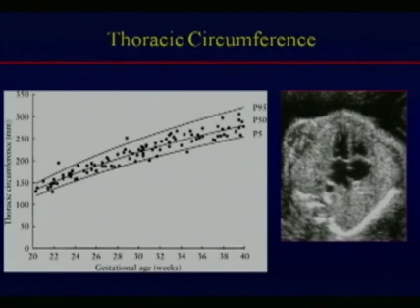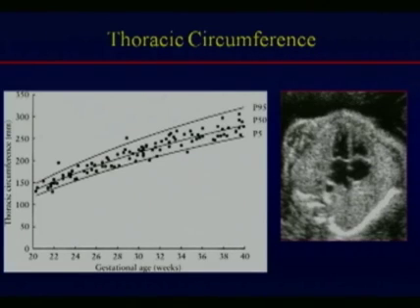We can assess the lungs and the thorax in a variety of ways. The easiest, besides simply the subjective evaluation of the lungs, is to measure the thoracic circumference. There's very good standards for normal values of the thoracic circumference, and at least in cases of overall lung volume, this is a good measure of the lungs.